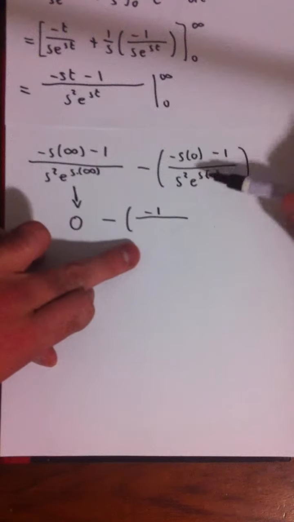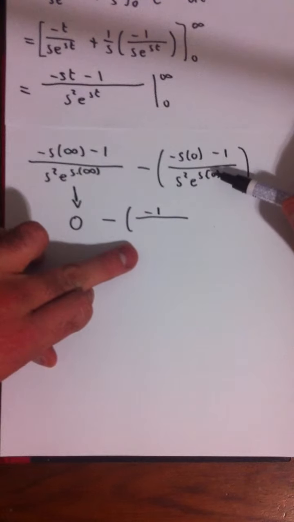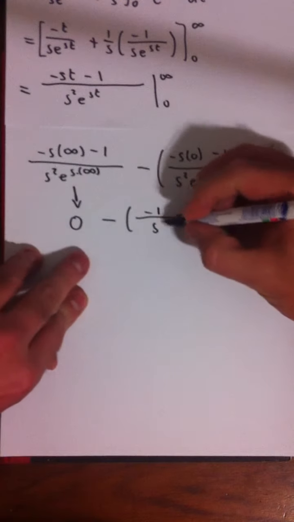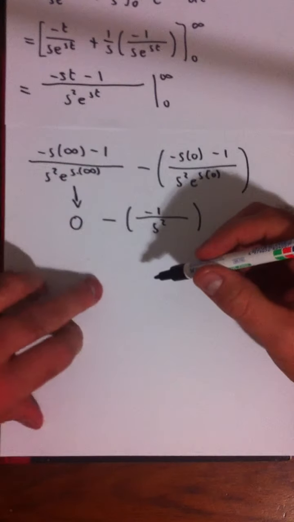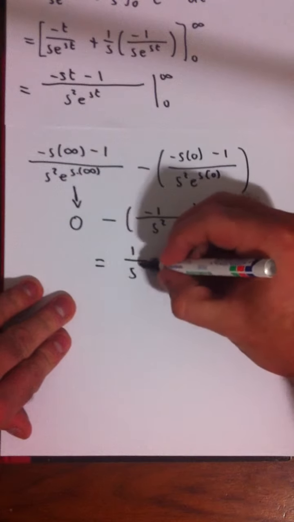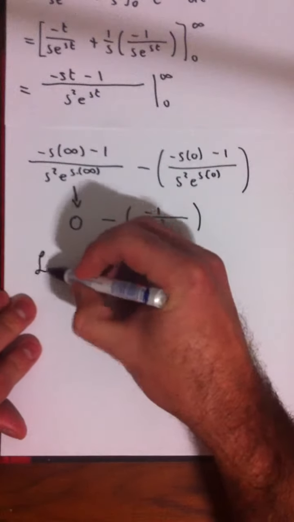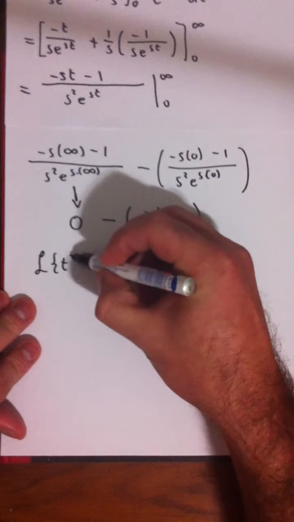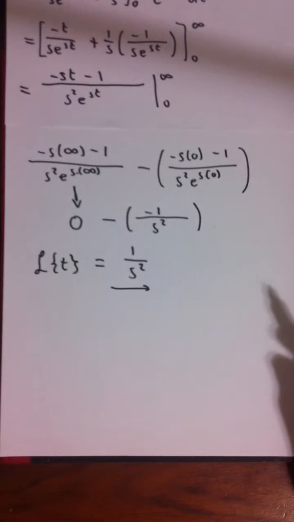And e to the power s times 0, so e to the power 0, that'll be 1, times s squared is s squared. And now 0 minus negative 1 over s squared will just be equal to 1 over s squared. And that's your Laplace transform of the function t, by using the basic definition of a Laplace transform.